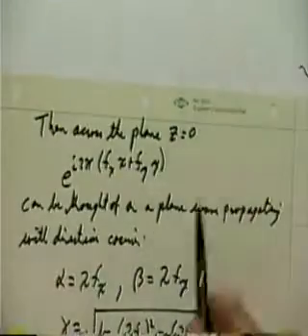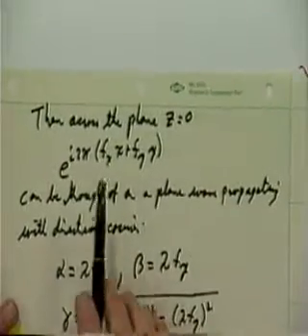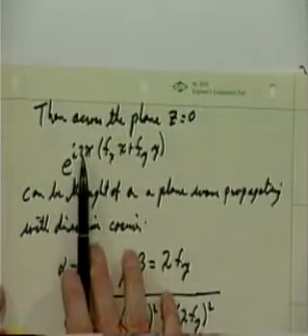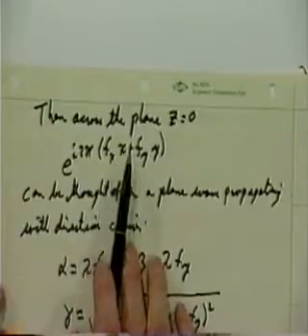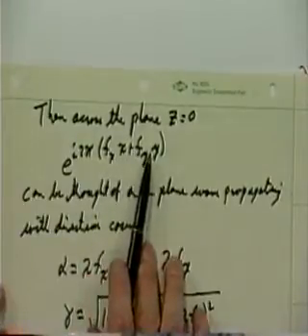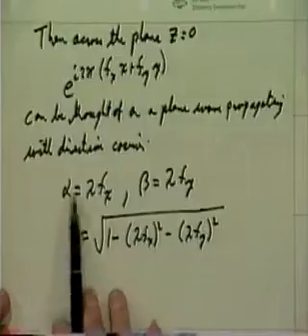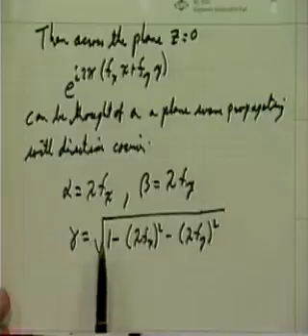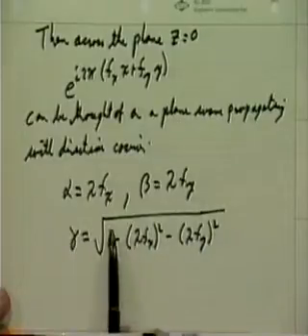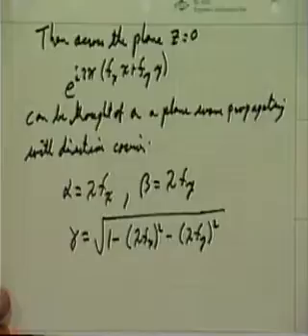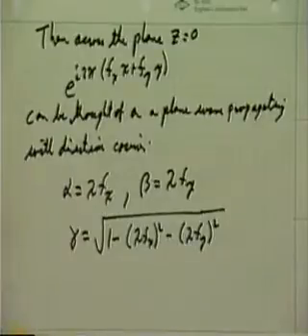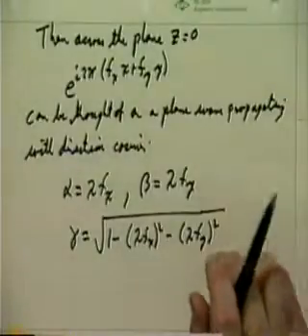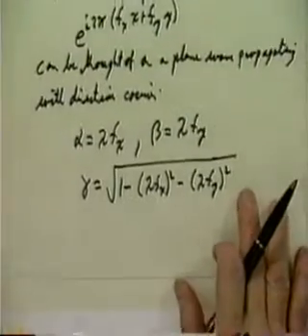And then I just rewrote that. I said, well, let z equal 0. And so I rewrote that as e to the i 2 pi (f sub x x plus f sub y y). And that's true as long as alpha is lambda f sub x and beta is lambda f sub y, and gamma is the square root of 1 minus alpha squared minus beta squared. Okay, so anyway, these are just sort of some definitions so far.